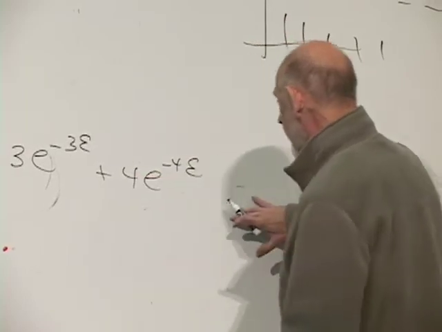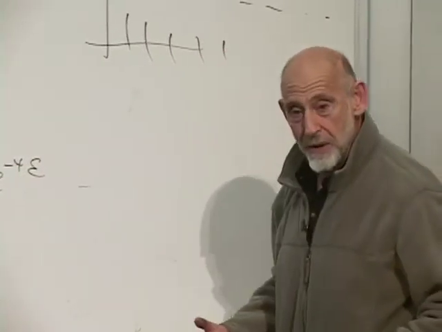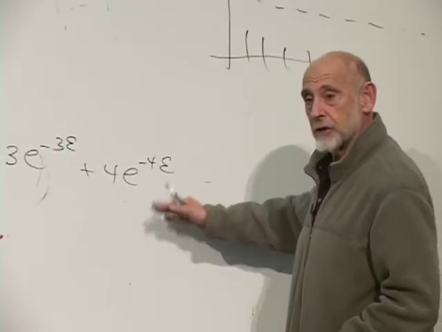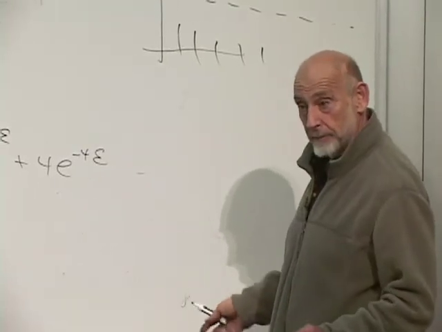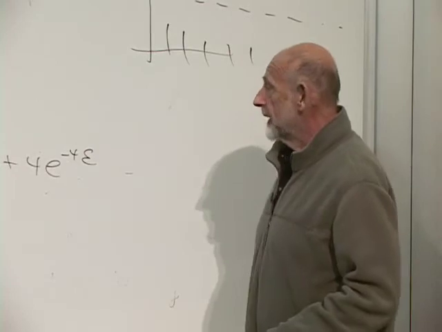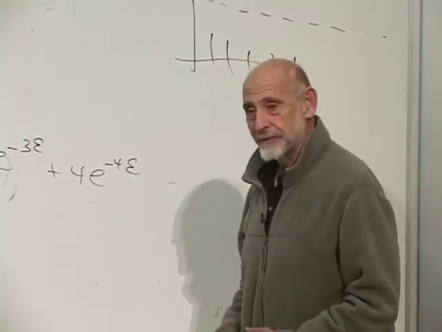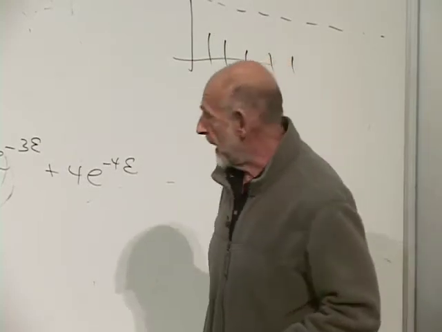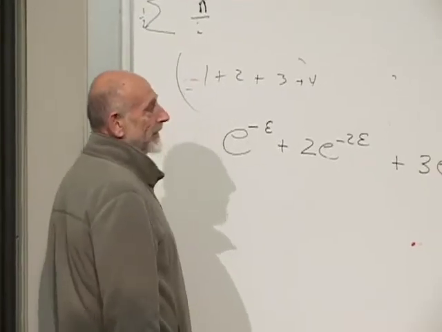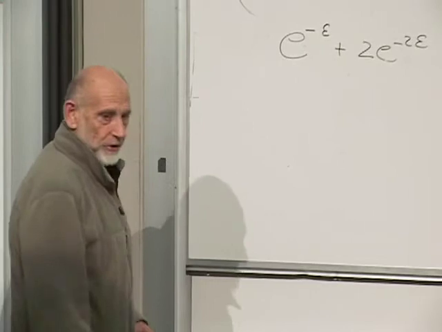But eventually, the e to the minus n epsilon will win, and it will make each term successively smaller and smaller, and you'll be able to add them up. So what you do is you add these up, and then after adding them up, you let epsilon go to 0. It's a mathematical trick. Right, so let's see what we get. It takes a bunch of steps, and I'll show you, but the steps are elementary.